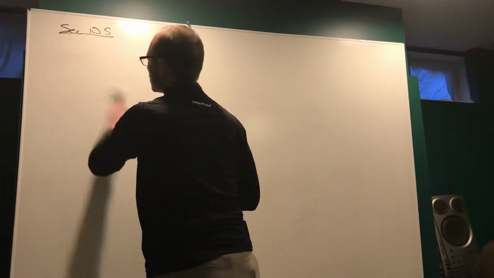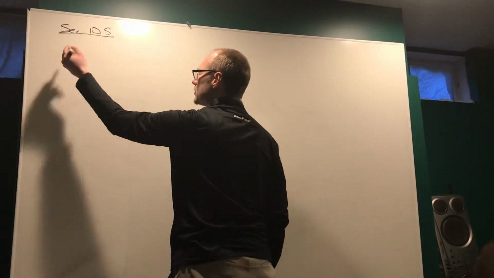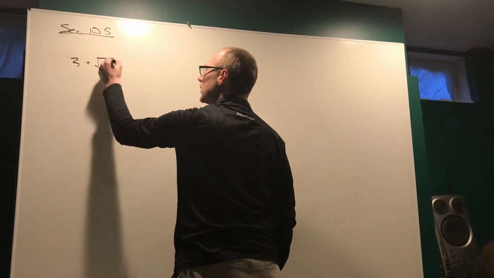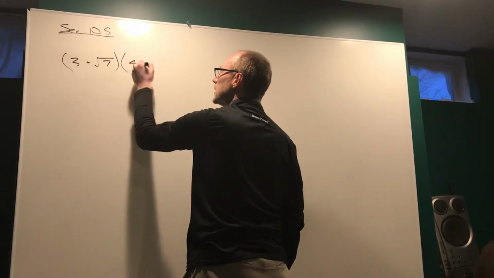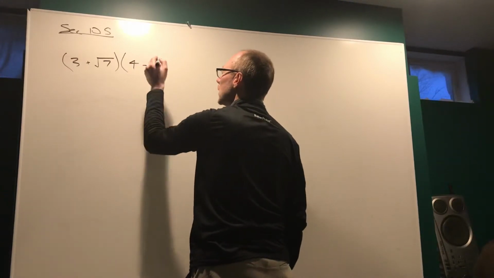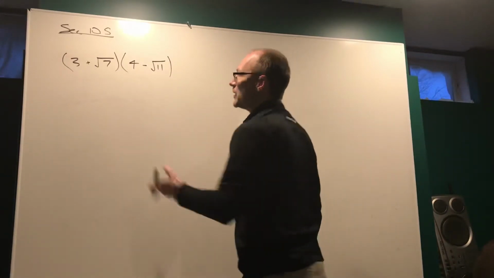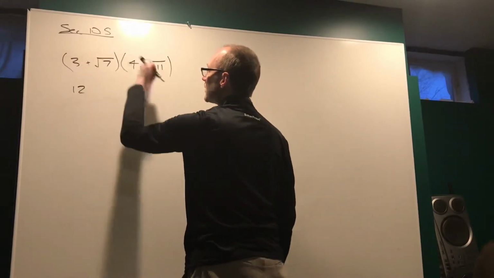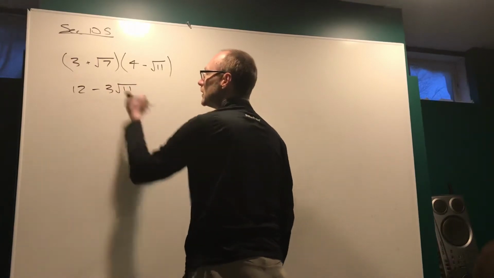Well, if we have this with radical expressions, sometimes some interesting things can happen. For instance, let's say we've got 3 plus the square root of 7 times 4 minus the square root of 11. To FOIL this, we've got 3 times 4 is 12. 3 times minus square root of 11 is minus 3 square roots of 11.